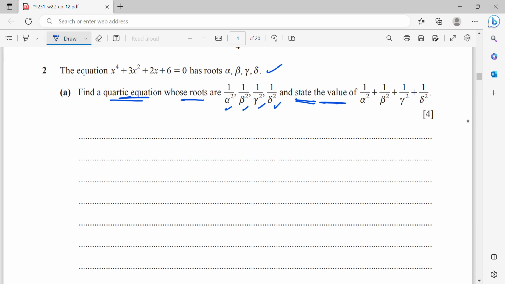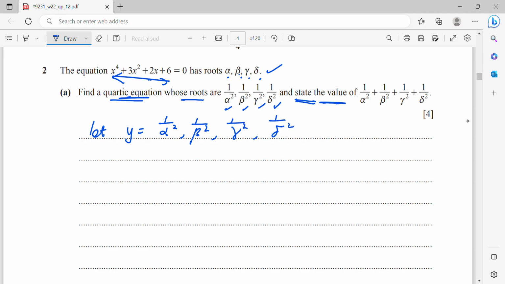So now, what we do here is, since your equation in terms of x has these four roots, alpha, beta, gamma, delta, now I will let my y be 1 over alpha squared, 1 over beta squared, 1 over gamma squared, and 1 over delta squared.